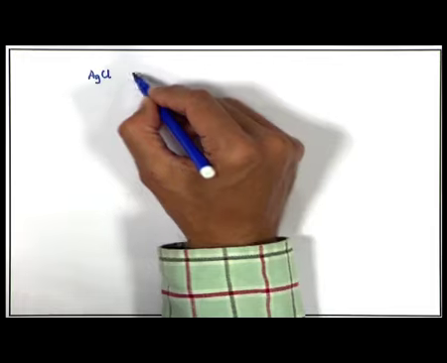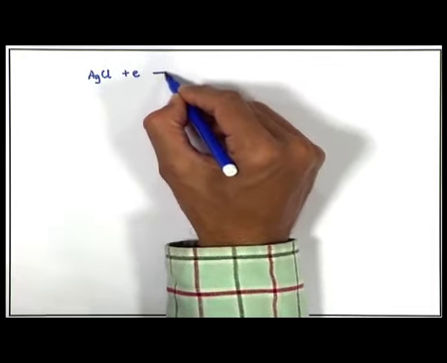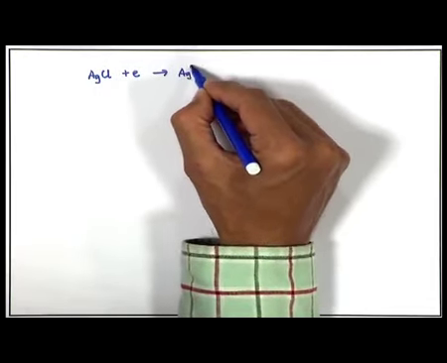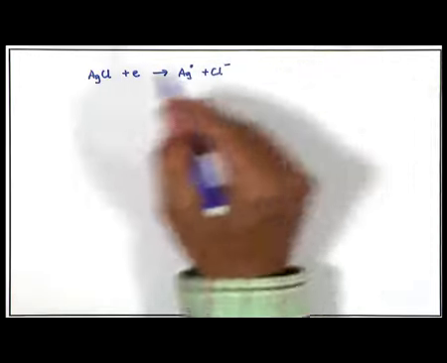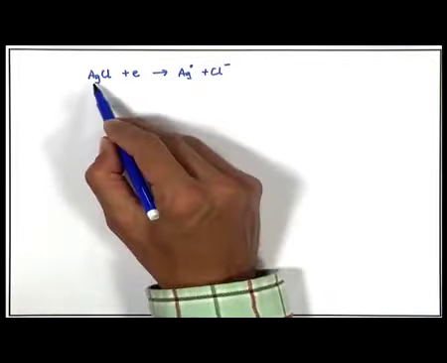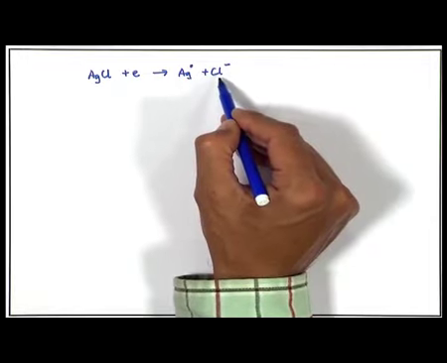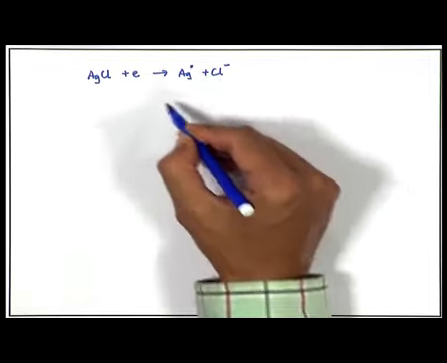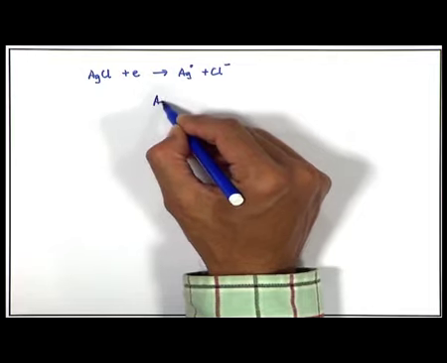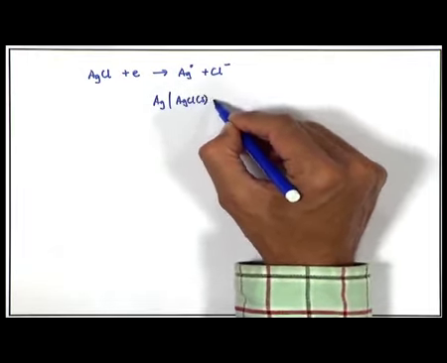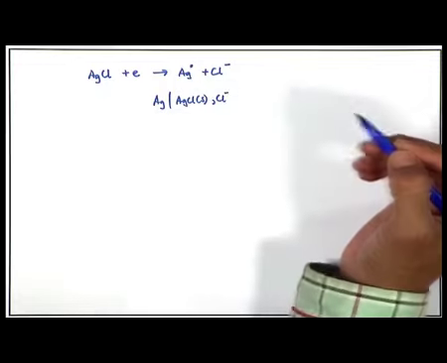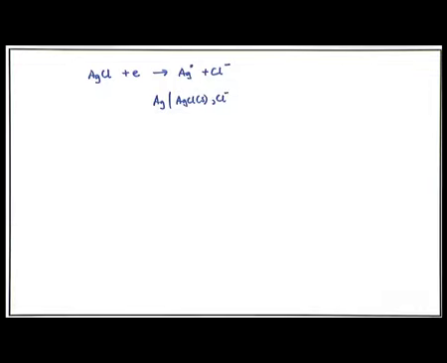AgCl plus electron, that gets you Ag0 plus Cl minus. So, silver chloride reversible with respect to chloride. Okay. So, basically it is represented AgCl solid, Cl minus. Okay. So, its representation is like this.